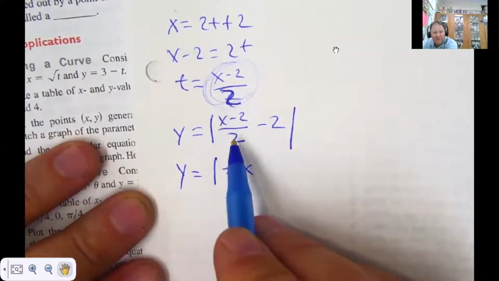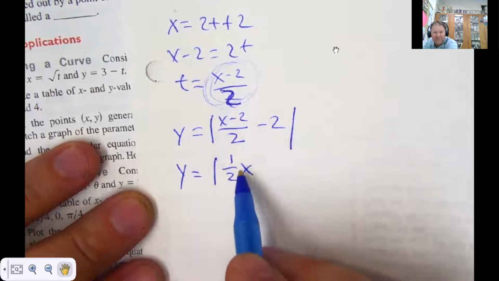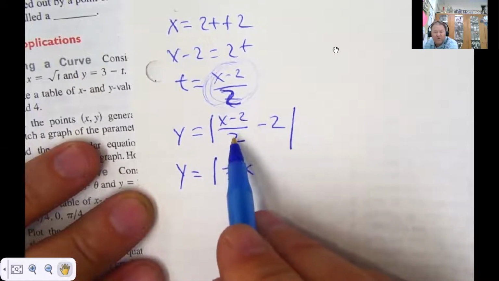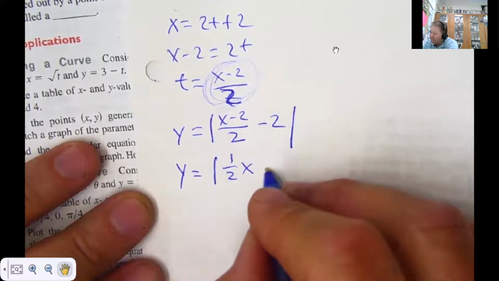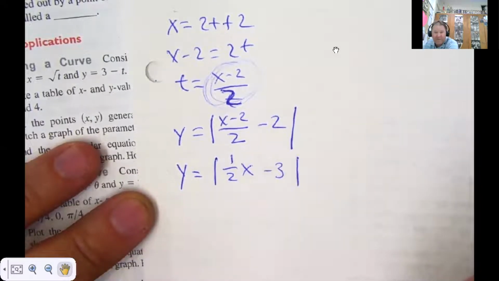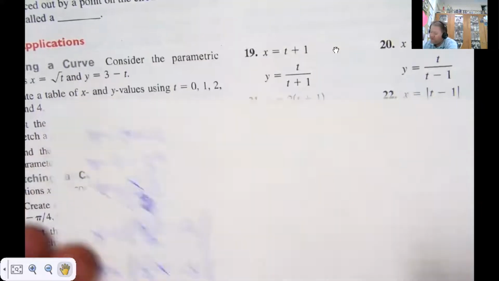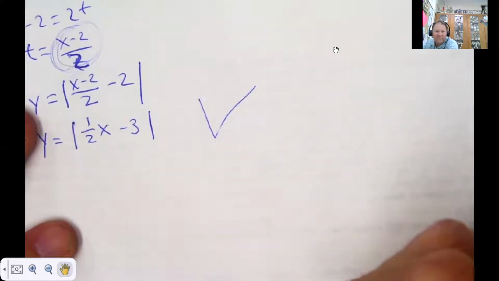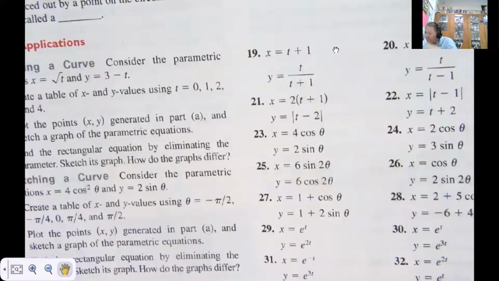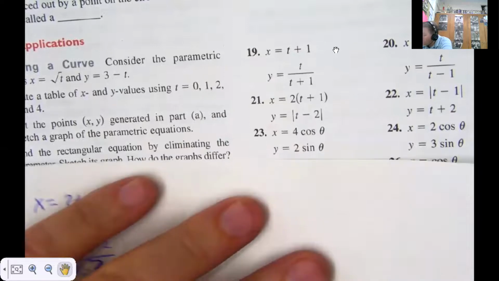So it's x over 2, which is 1/2 x. And then negative 2 over 2 is negative 1. And negative 1 minus 2 is negative 3. So there's that one. All righty. And then you could graph that too. That's a V, right? It's an absolute value, so that's a V. But we're not going to have to do that. Okay, here's where trig meets.